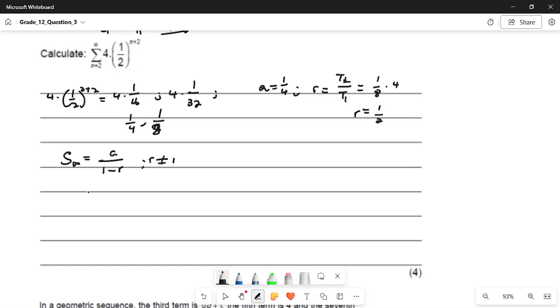So now we can find the sum: 1 divided by 4, divided by the difference of 1 and a half. So in this case, we'll have a quarter divided by a half. This is the same as a quarter times 2, which gives our sum to infinity equal to a half.